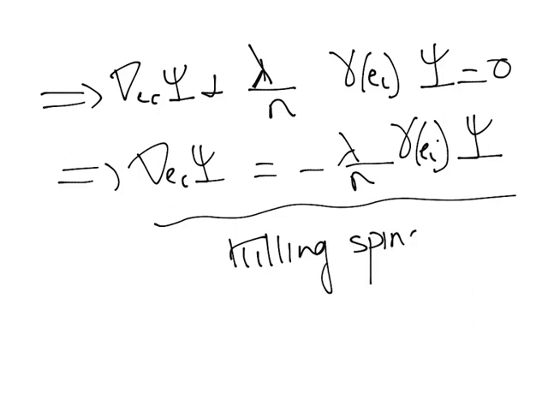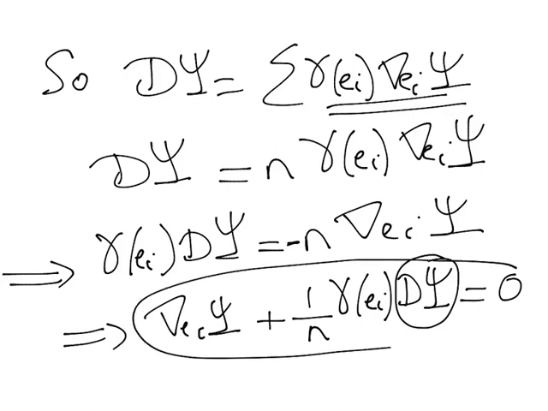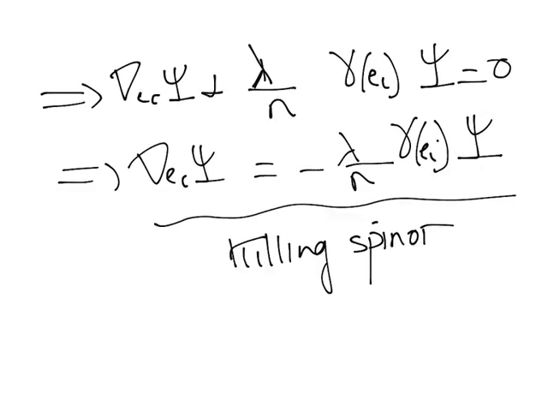Much more than that, from the previous slide, psi also satisfies the following twistor equation. But of course, because psi is an eigenspinor, this reduces to the following Killing equation: nabla ei psi is minus lambda over n gamma ei psi.